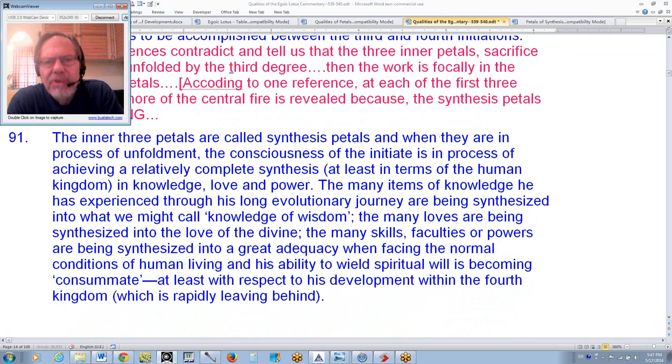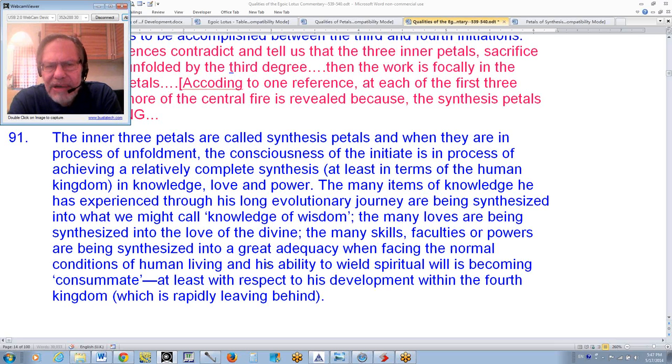So the inner 3 petals are called the synthesis petals, and when they are in the process of unfoldment, the consciousness of the initiate is in process of achieving a relatively complete synthesis, at least in terms of the human kingdom, in knowledge, love, and power. And we can meditate upon and dwell upon what does it mean, the synthesis of knowledge. That's fairly easy to grasp. What does the synthesis of love mean?